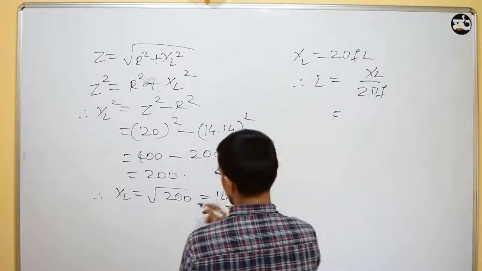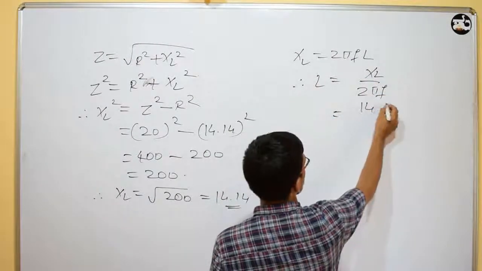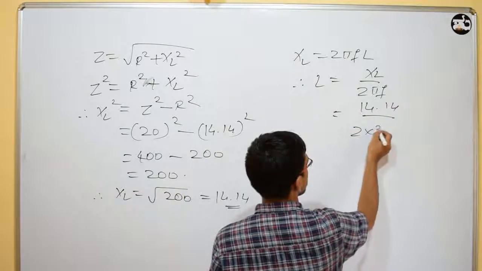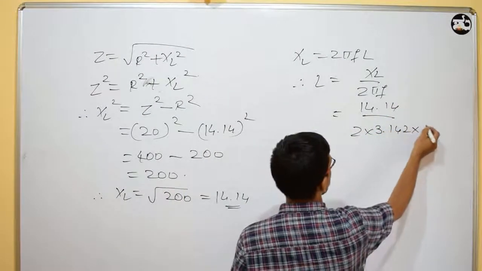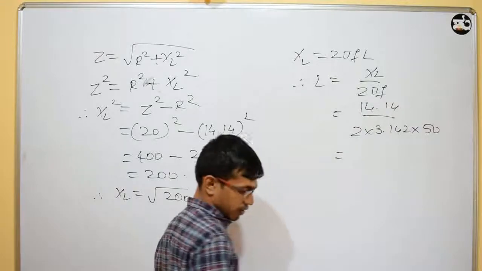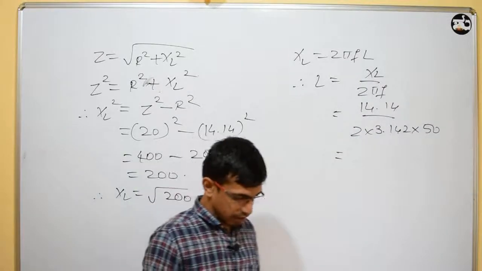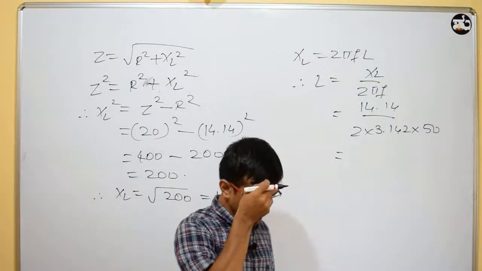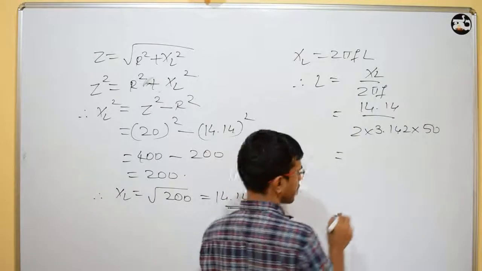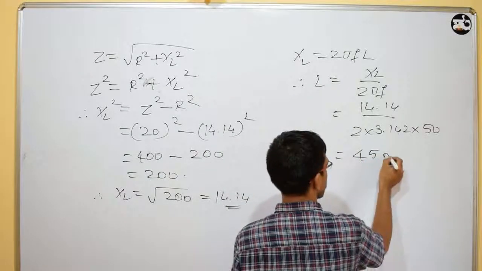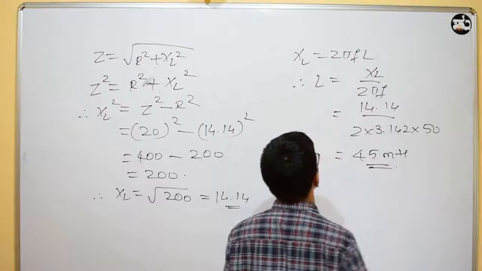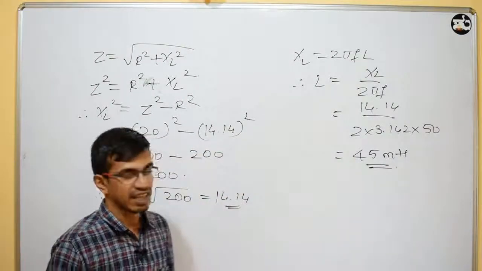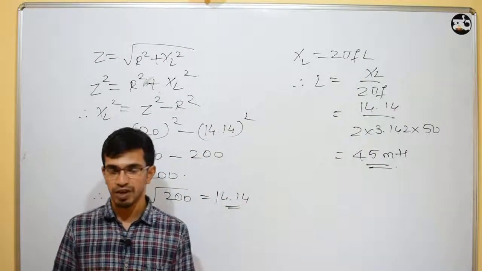XL is 14.14 divided by 2 into 3.142 into f, which is 50. If you substitute the given values and solve with the calculator, you will get L is equal to 45 millihenry. This is how you need to solve this problem for XL as well as L. Okay, we shall continue.